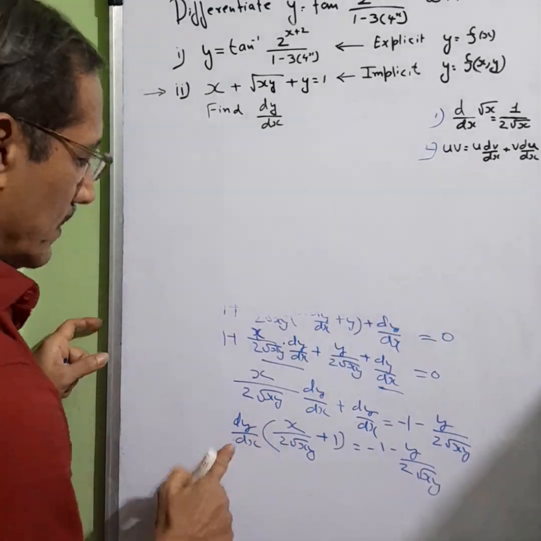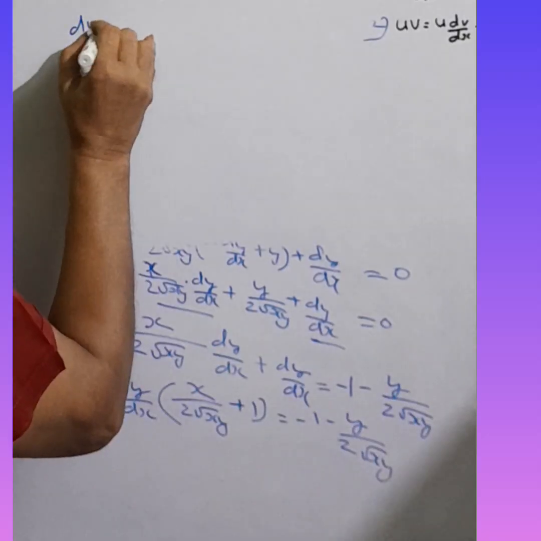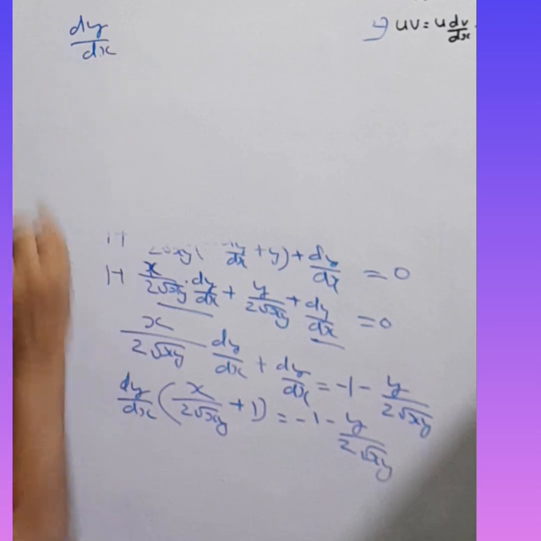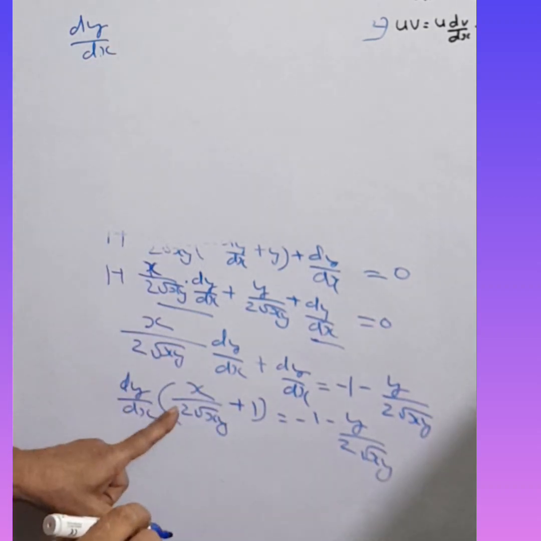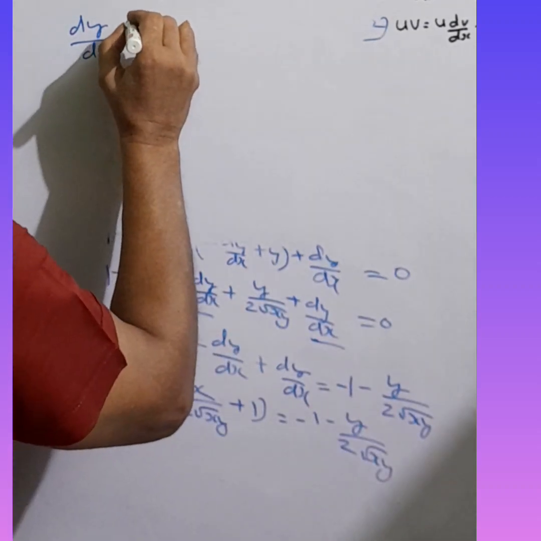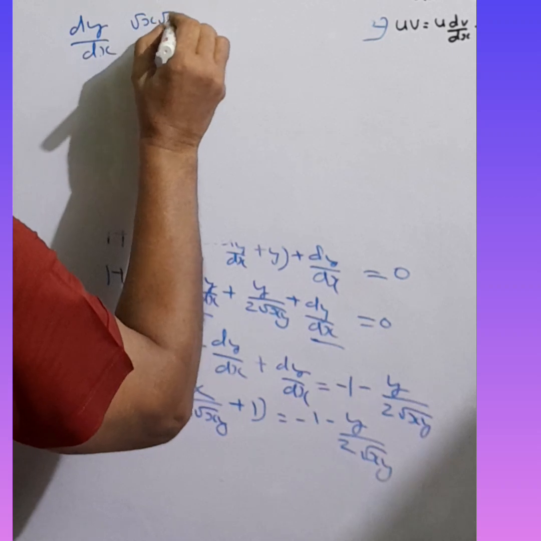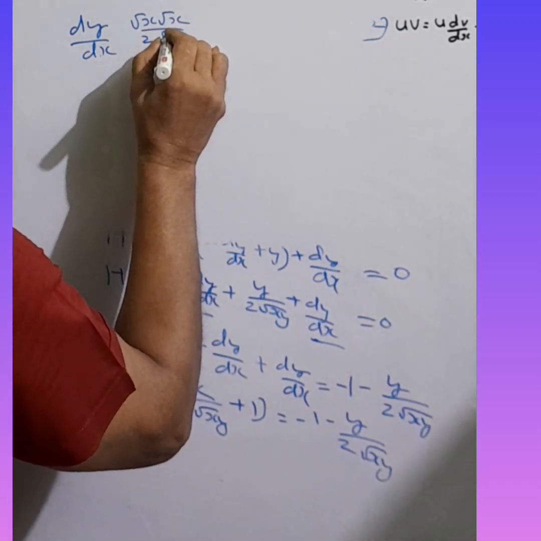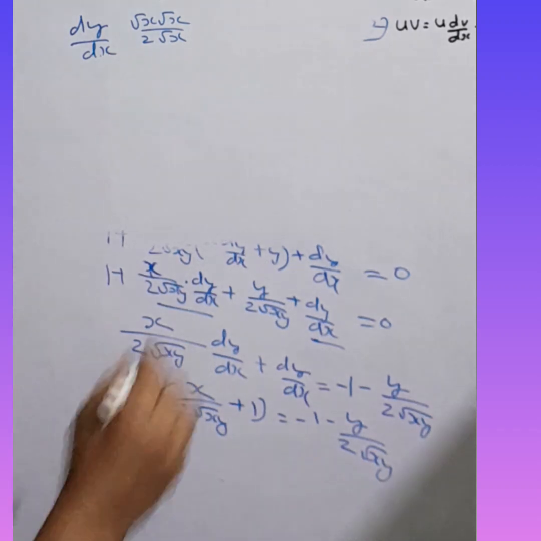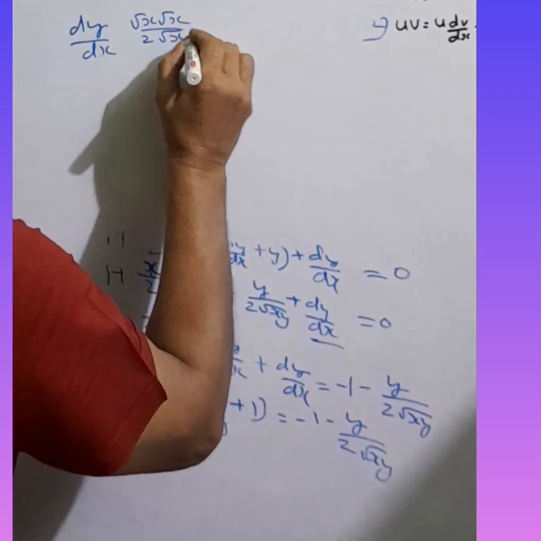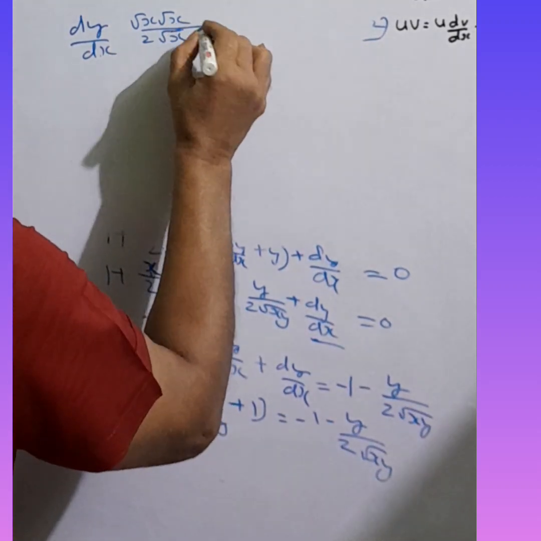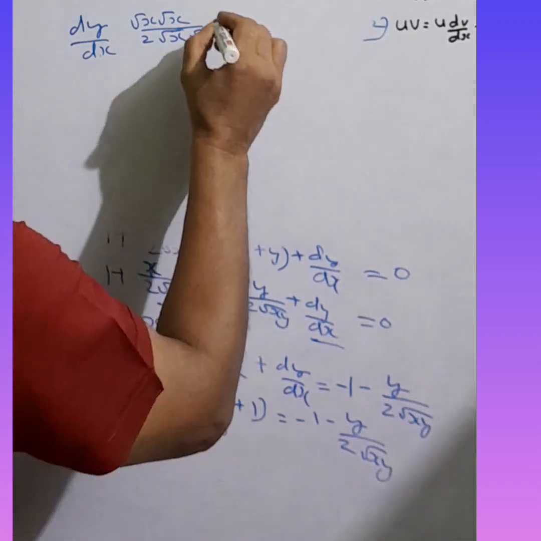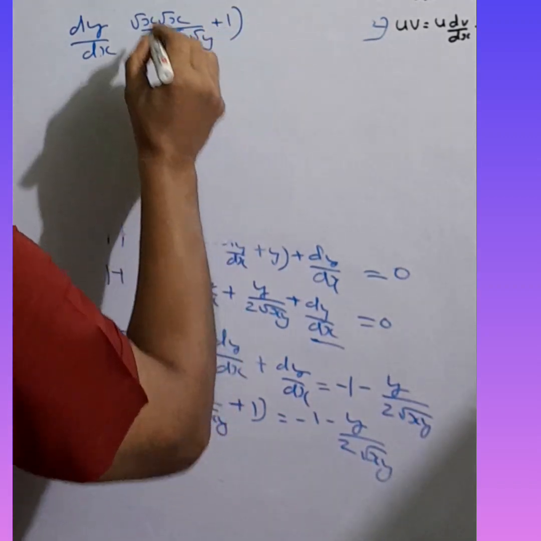Alright, so I write this dy by dx. Okay, and this root x into root x, that means x upon 2 root x, and root y. Alright, I just split this up, plus 1.